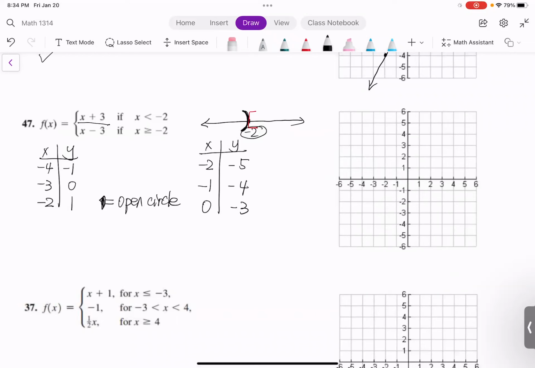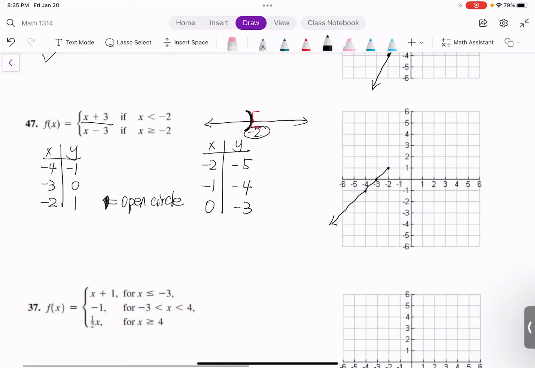First are the 3 key points: (-4, -1), (-3, 0), (-2, 1) is here. So the graph is all the way going down, because we are looking for x less than or equal to -2.